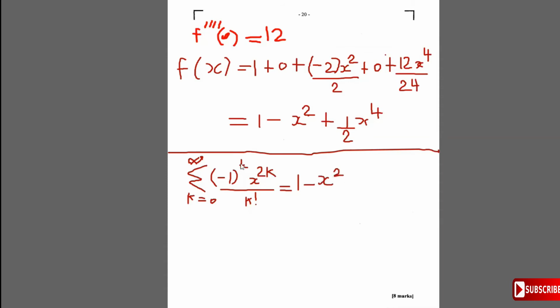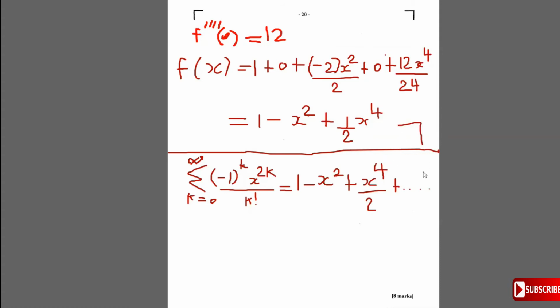Put k as 2, you get minus 1 squared, which is 1, so it becomes plus. X to the 2 times 2 is 4, so you get plus x to the 4 over 2 factorial, which is 2, plus, and it continues. And so they're the same.